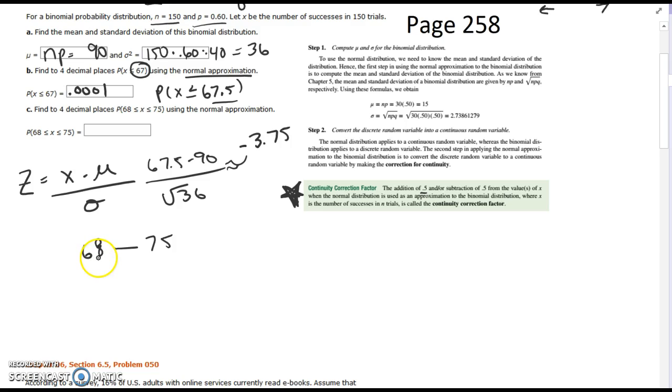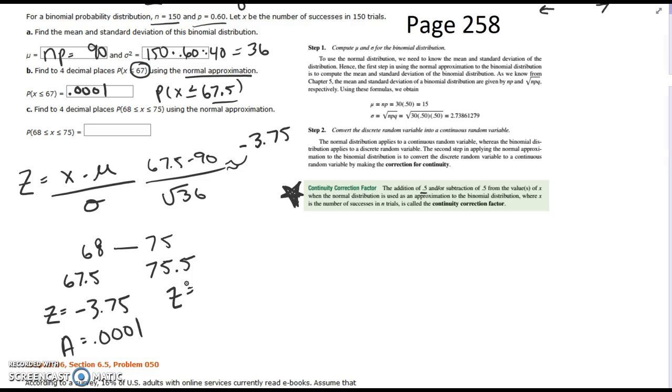If we went 68 to 75, the 68 would be a lower bound, so if we subtract, we'd have 67.5. 75 would be an upper bound, so we add 0.5, 75.5. So this z value we calculated similar to above would be minus 3.75. That's not on the table, so the area is 0.0001. This z value, 75.5 minus 90 divided by the square root of 36, would be minus 2.416.